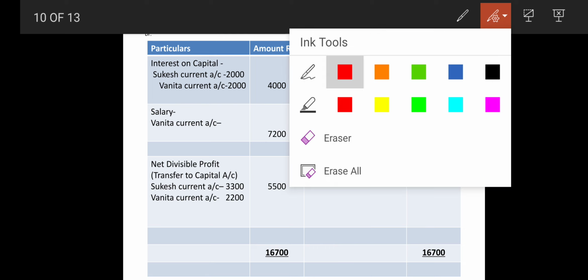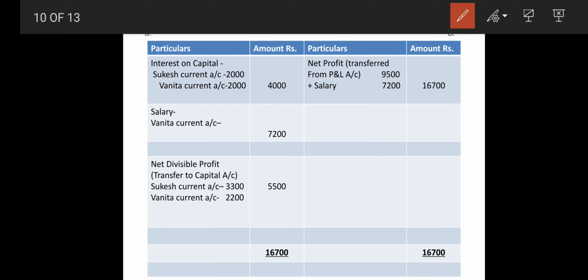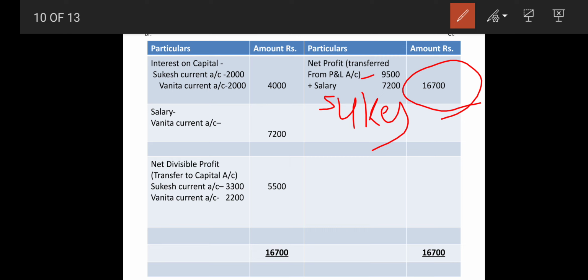The very first thing we transfer is net profit: first you transfer 9,500 and then the salary of Sukesh. Sukesh's salary is how much? 7,200. That is to be added, and then we find the original net profit. Then again Sukesh's salary is to be reflected on the debit side of the P&L appropriation account also.